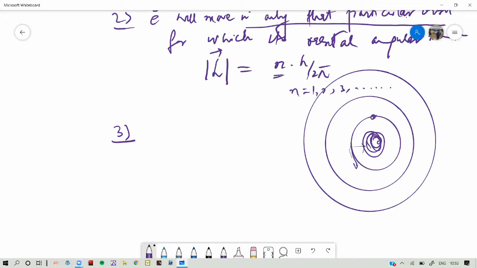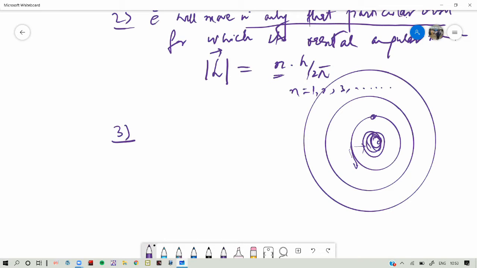According to classical theories, Rutherford's or earlier theories, the electron will accelerate and radiate energy. When it radiates energy, a time will come when it has no energy and will fall directly into the nucleus. The nucleus is positively charged, so it will be attracted to it.